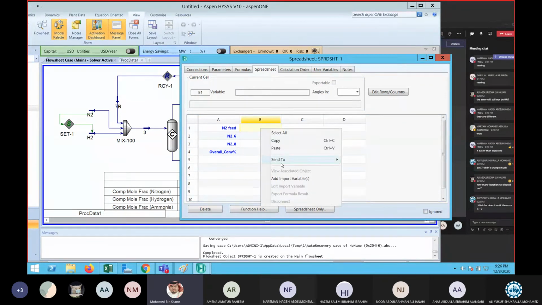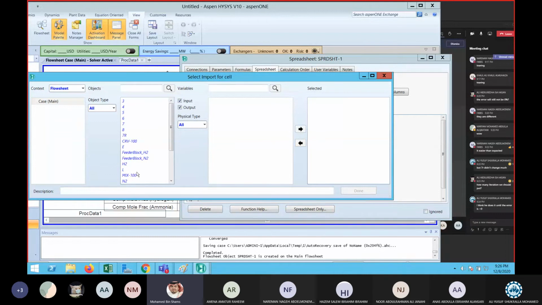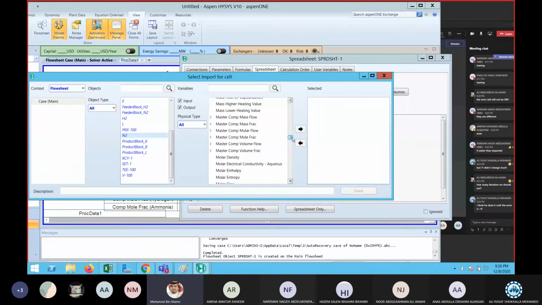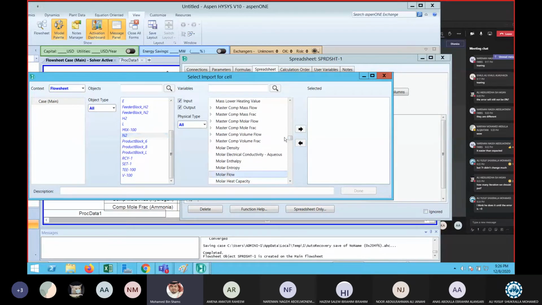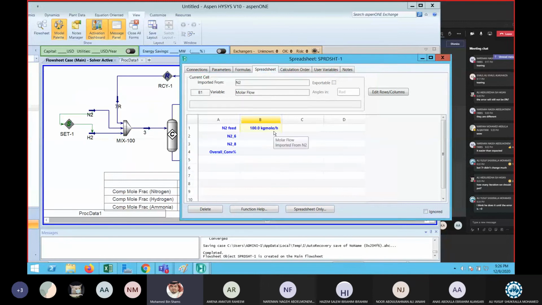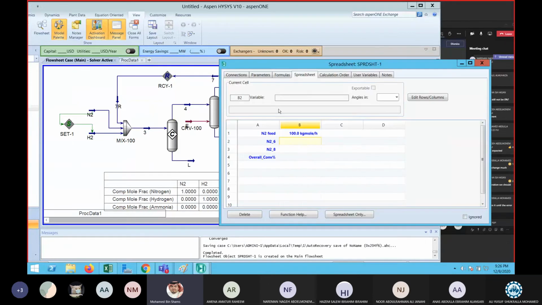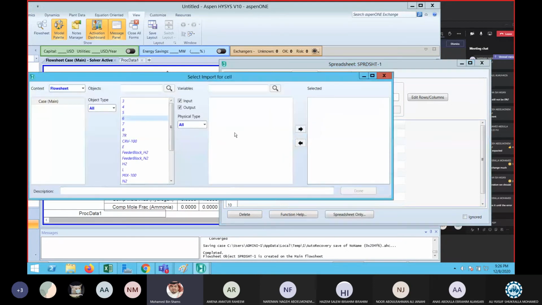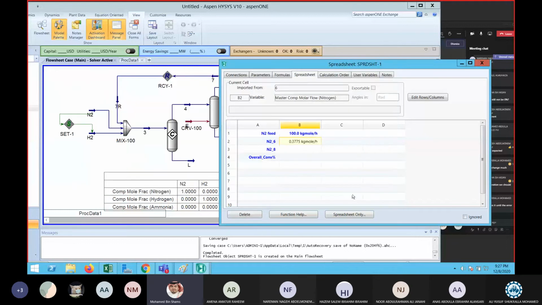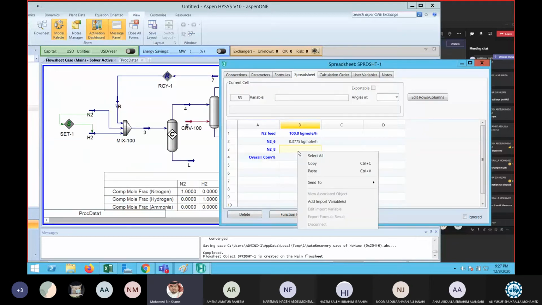Now when you right click here, we have to import the feed, the stream named nitrogen, right? What do I want from it? The molar flow, which should be 100. Then nitrogen 6: from stream number 6, add variable, I want the molar flow, master molar flow, and nitrogen. Notice this one is black and this one is blue, because this was an input parameter and this was a calculated parameter.